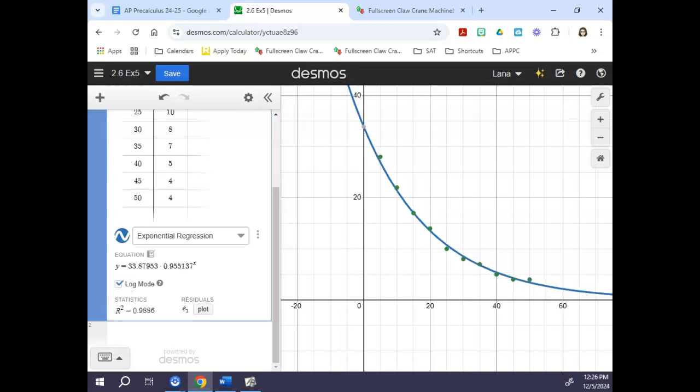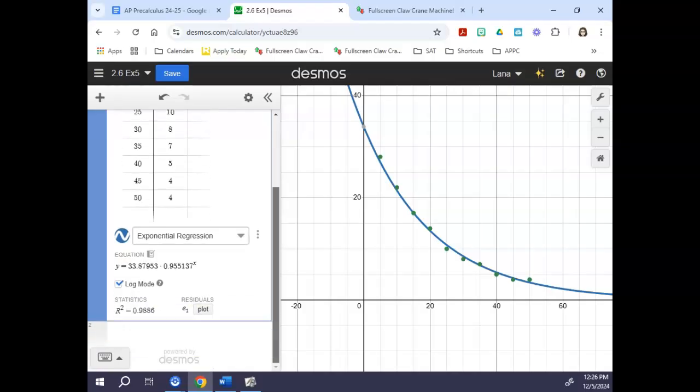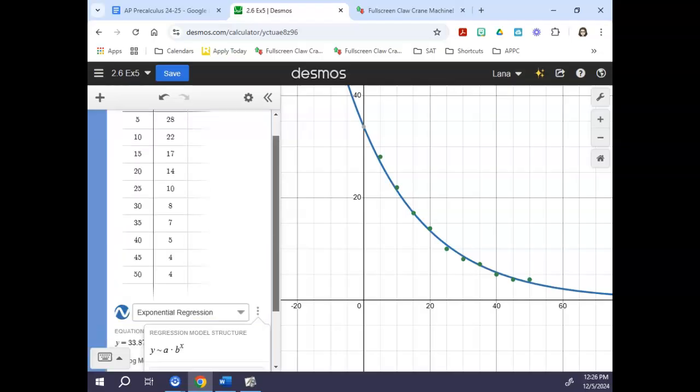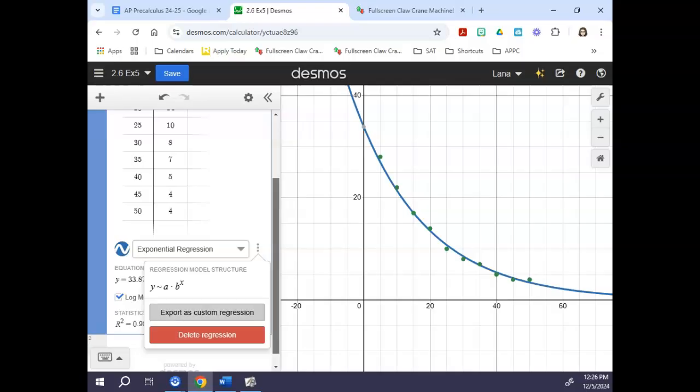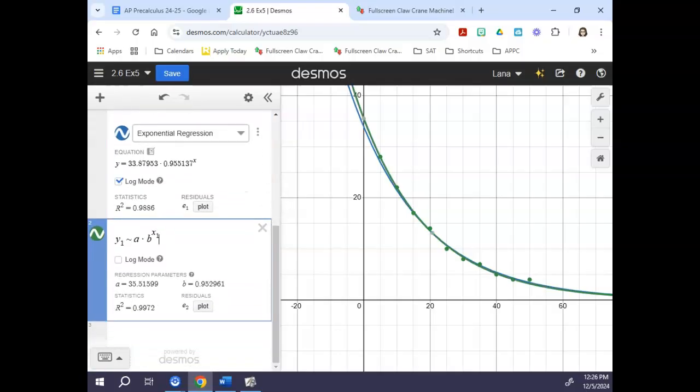Log mode. Now, one thing when we write these down, I've said it a few times that what you see right here, if you do not see at least three decimal places, then we need to hit these little three dots here, and then export as a custom regression, and it exports it like you've seen before.